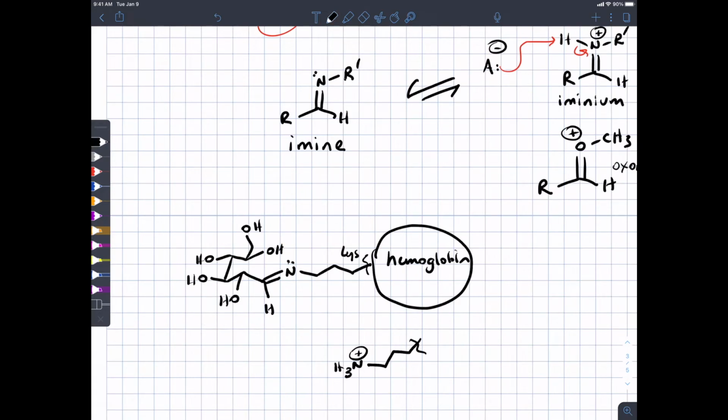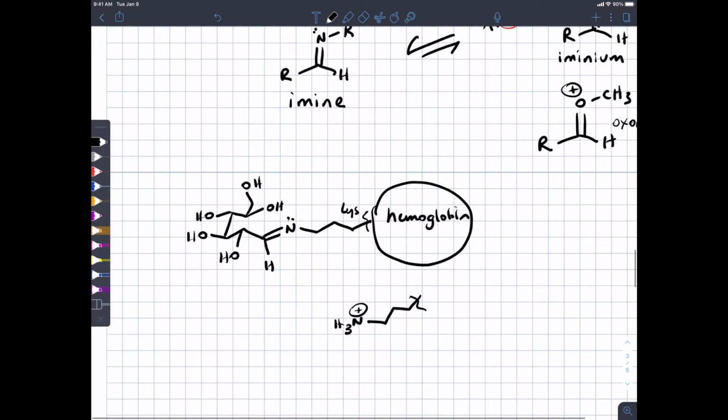That can affect the function of various enzymes and structural proteins, and that modification of nucleophiles because of high blood sugar is one of the causes of the various symptoms that are associated with diabetes.